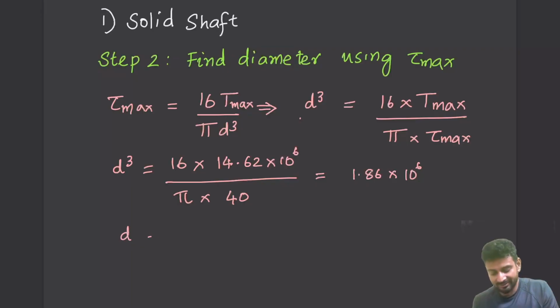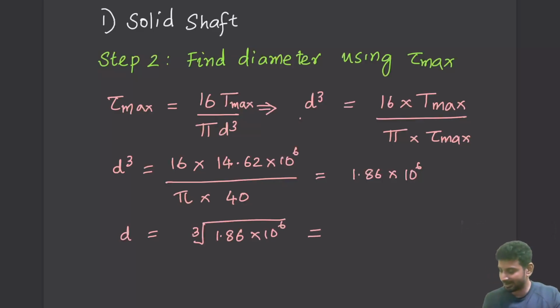So the value of D would be the cube root of 1.86 into 10 raised to 6, and the value is 123 millimeters. So we have calculated the diameter of the solid shaft such that the shear stress is not going to exceed the value of 40. So the diameter should be at least 123 millimeters or greater.